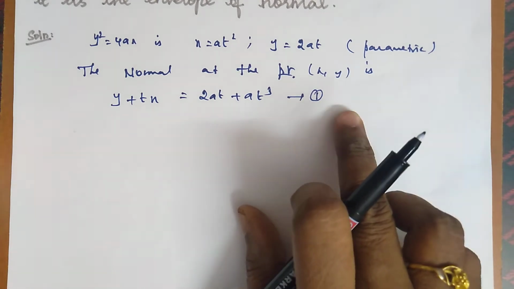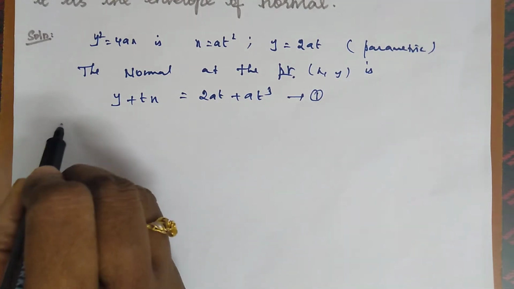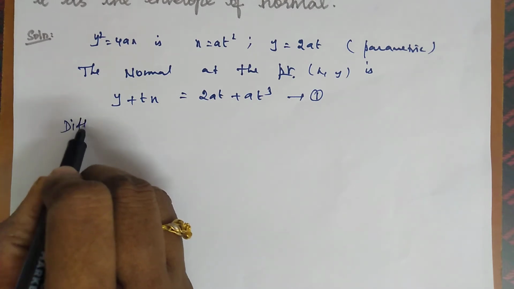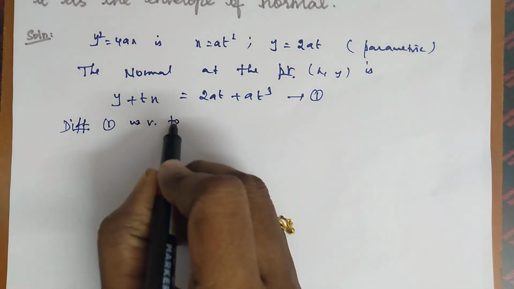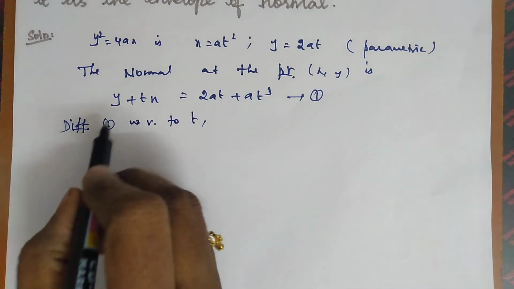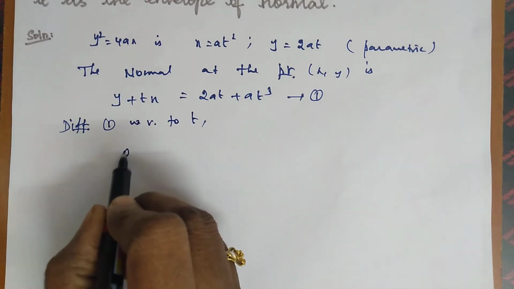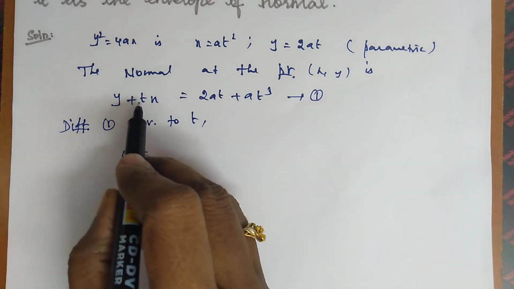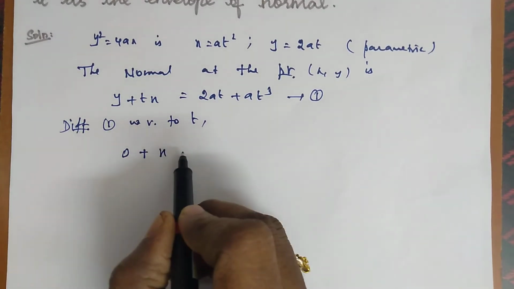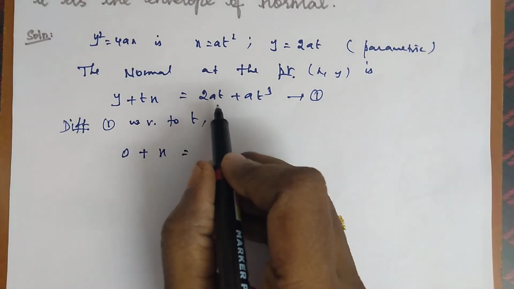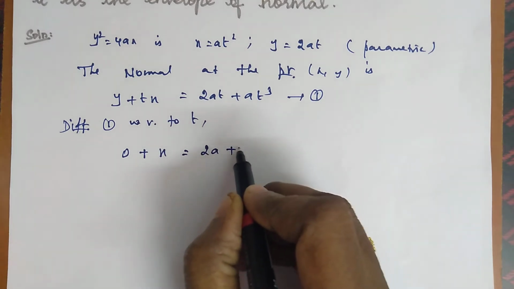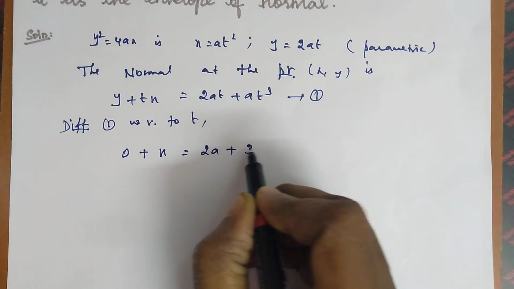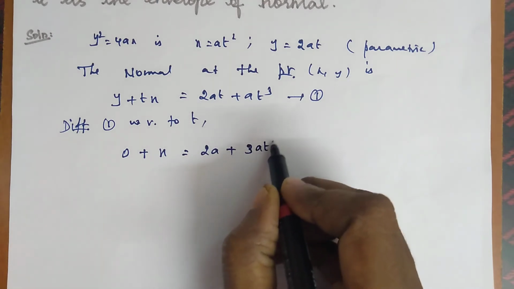To find that, we differentiate equation 1 with respect to t. There is no t term in y, so that becomes 0, and for the next term we get x equal to 2a plus at cube differentiated, a is a constant, so we get 3at square.